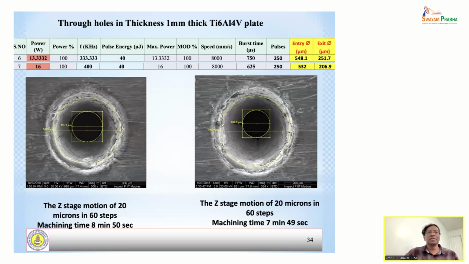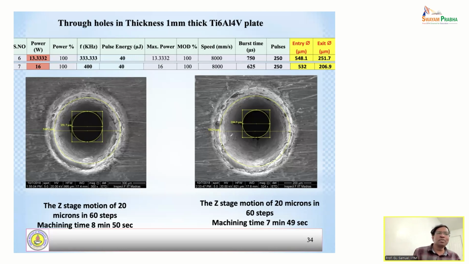So these are some of the holes which we have produced. We see that there is a small amount of heat affected zone, but that is because of two reasons. We were still making the optimization to give the number of pulses exactly what is required, and also the exact amount of energy which is required to make a hole.